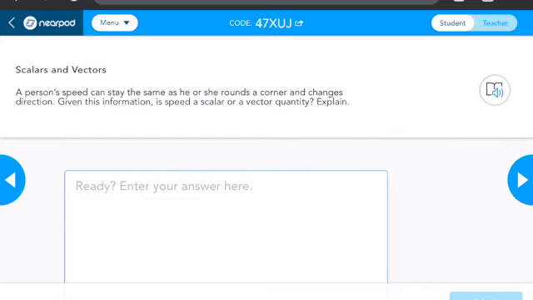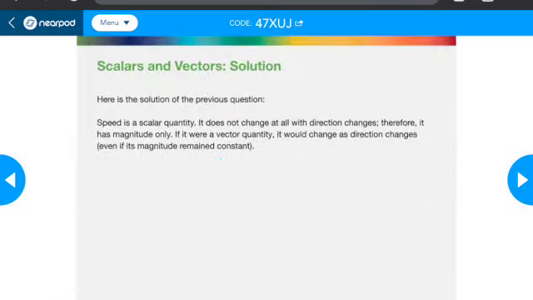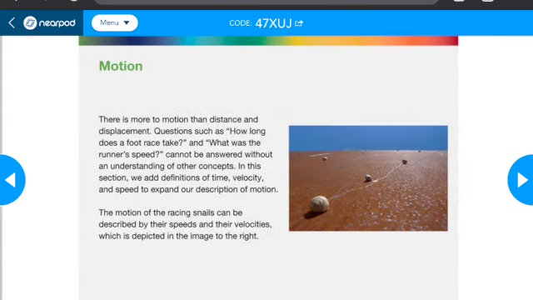The speed is staying the same. So if the speed is staying the same while the direction is changing, speed is a scalar. And this next slide is just going to give us that exact answer. So speed is a scalar quantity, it does not change with direction changes.